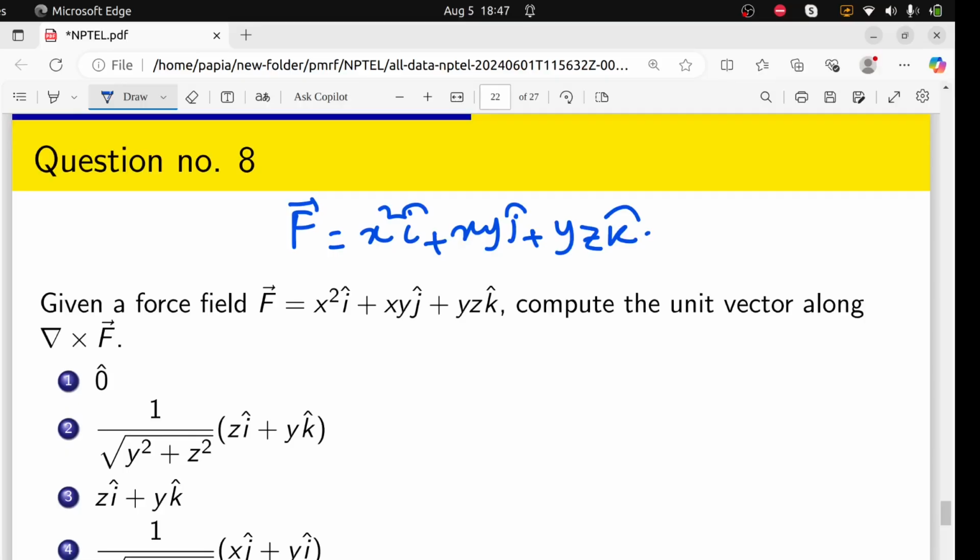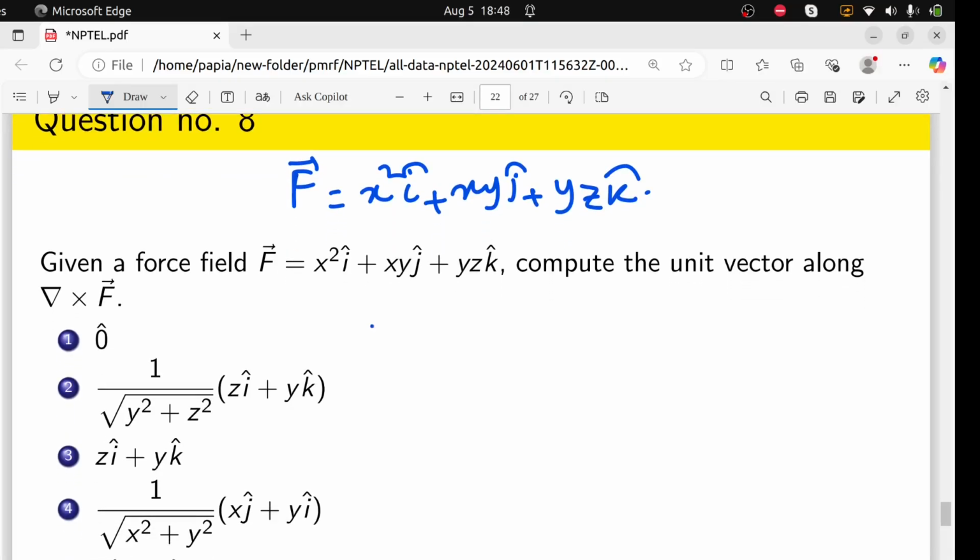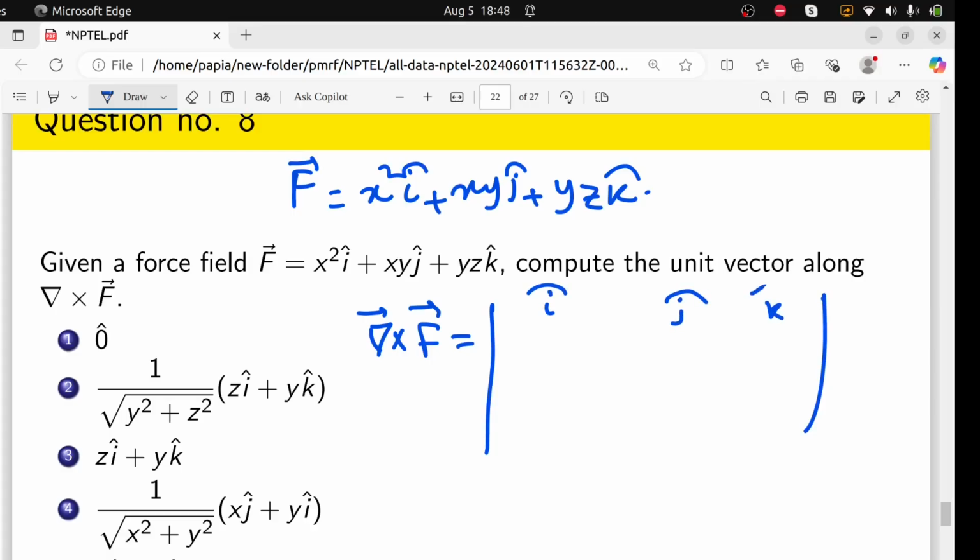So first of all we need to calculate curl of F. So how to calculate curl of F? Simply I will just write here curl of F as the determinant with ∂/∂x, ∂/∂y, ∂/∂z and x²y, xy, yz.